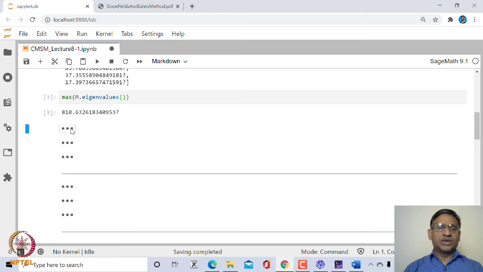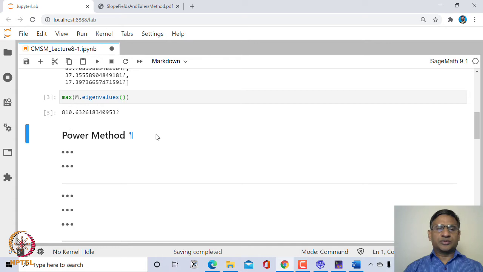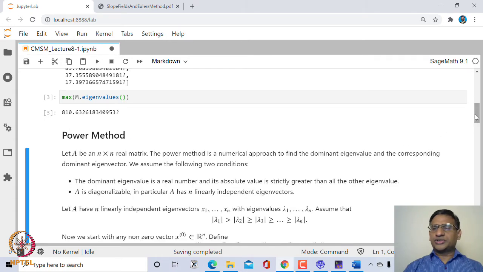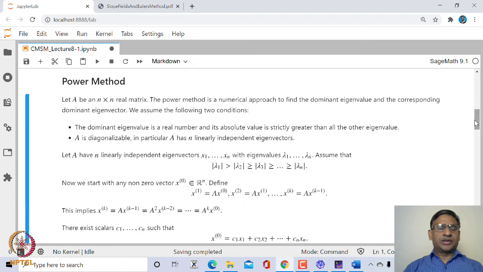So, let us see how it works. What is this algorithm? First of all, let us assume that A is an n cross n real matrix, and we shall also assume two conditions on A: that A has a dominant eigenvalue which is real and its absolute value is strictly greater than all other eigenvalues.